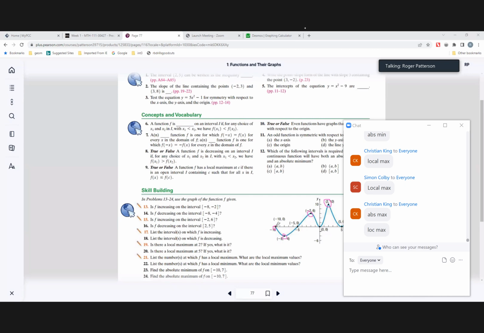You can't just say a point is an interval. An interval has to be between two numbers, between here and here on the graph, and then that is a local. These endpoints are not, so be careful. Make sure you understand that those are not considered maxes or mins.